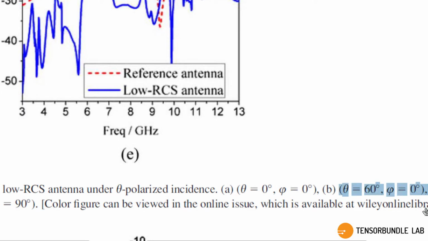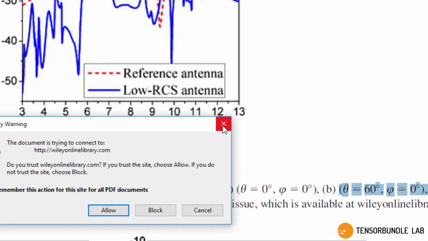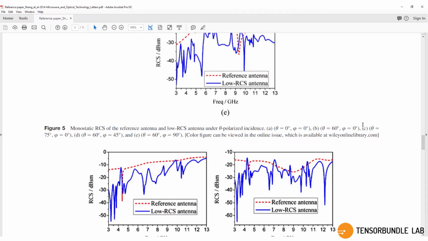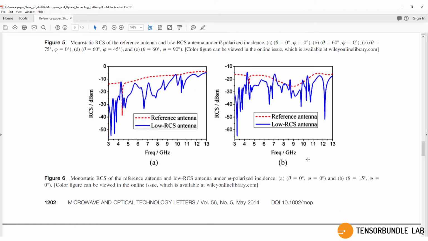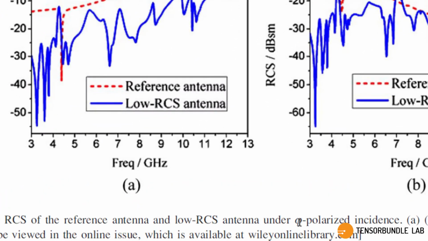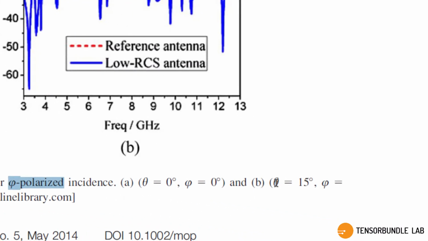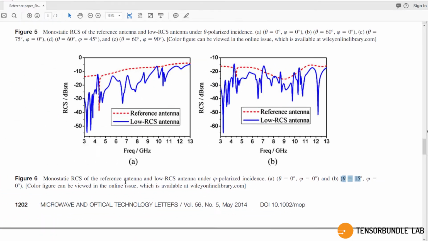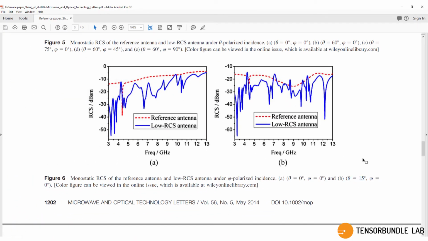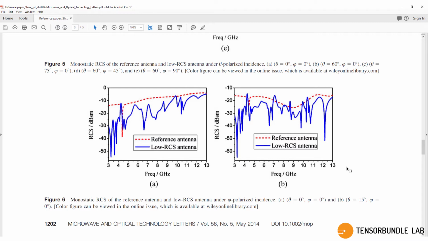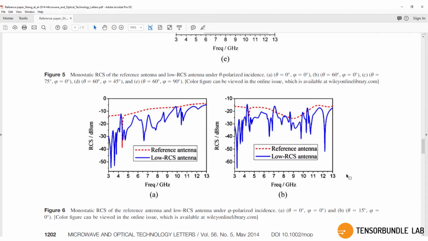And then the third case I will compare is this plot. It is for a phi-polarized plane wave with an incidence angle of theta equals 15 degrees and phi equals 0 degrees. So in total, I will compare 3 results with this reference paper. So 3 simulations in CST, and then compare those 3 results with the reference paper.